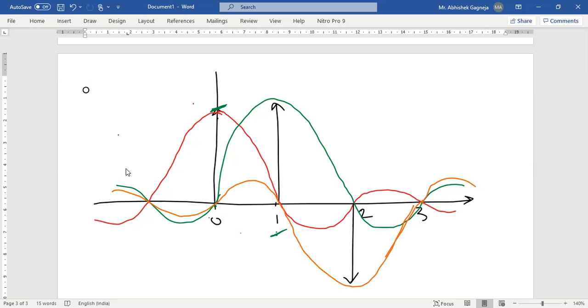So the idea is that no other wave is going to contribute towards the decision point at t equal to 1, right? At the decision point of t equal to 0, no other wave is going to be contributing except for the red one. At t equal to 1, only the green one will be contributing. At t equal to 2, only the orange one will be contributing.